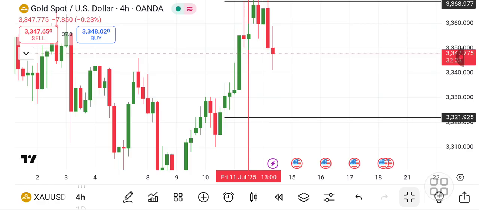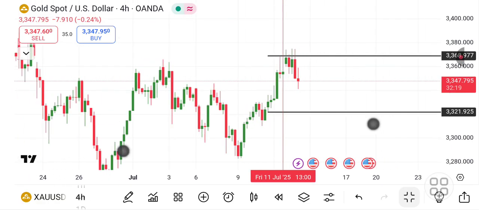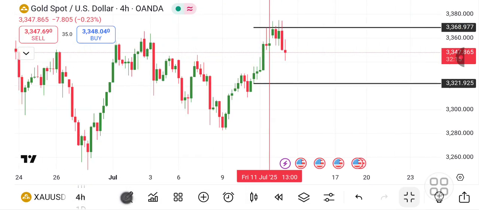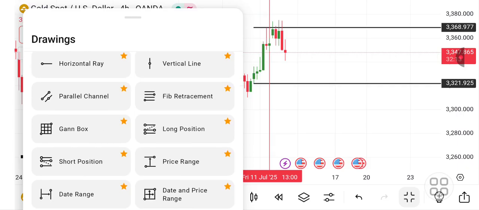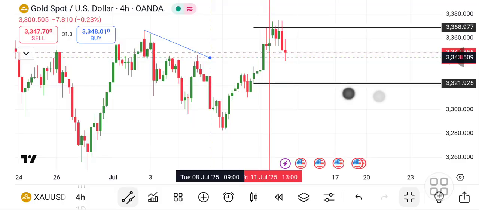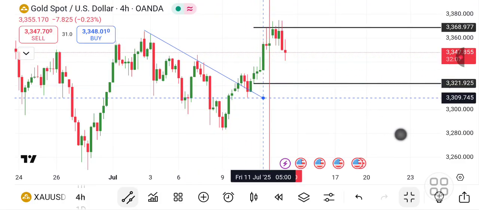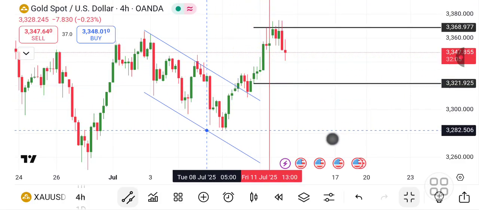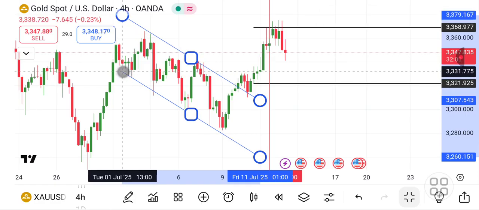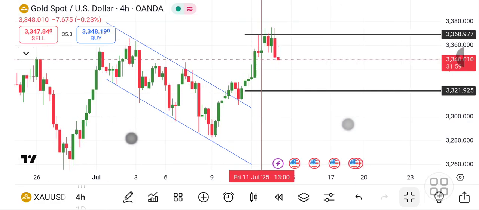So looking at the previous data, we saw that the market had made a bullish flag, right here. Price had made a bullish flag, which you can see right there.